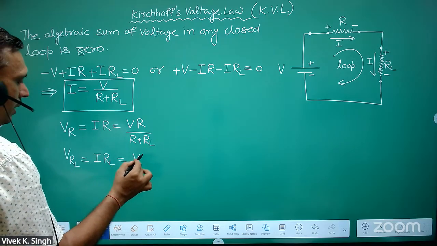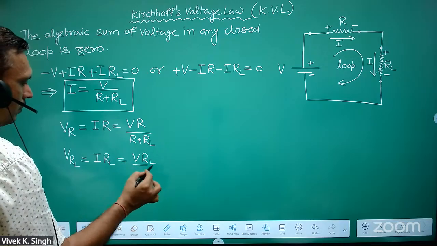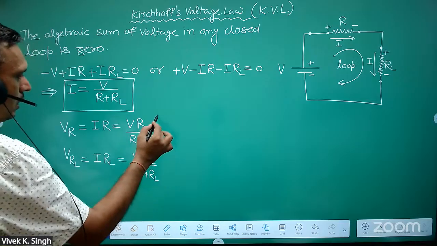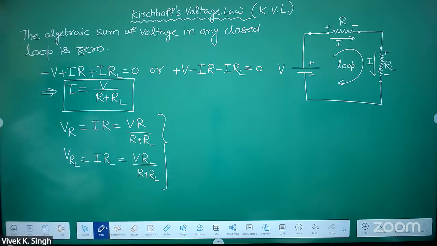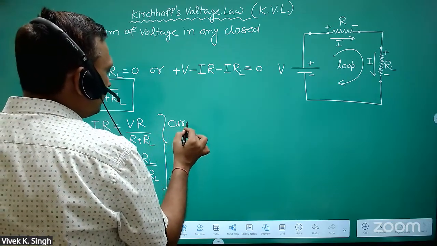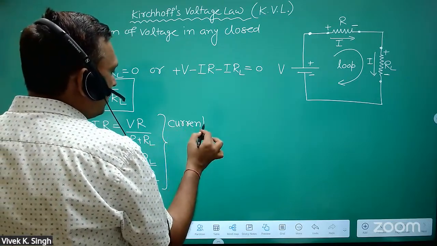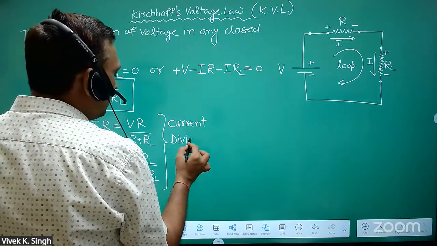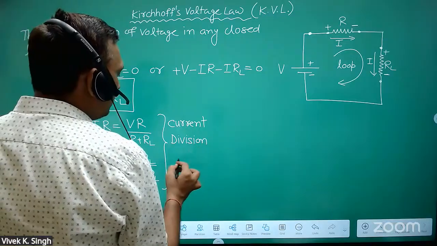So this is given by VRL by R plus RL. You can remember this as a current division rule.